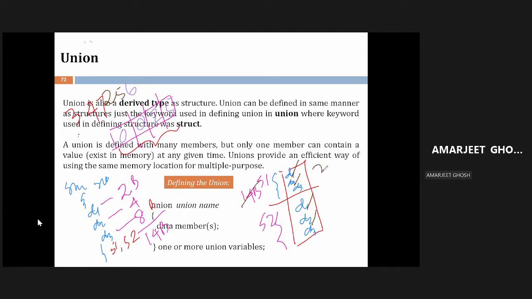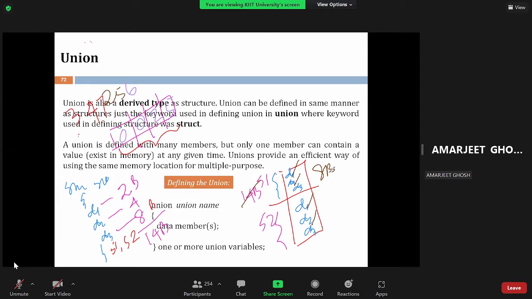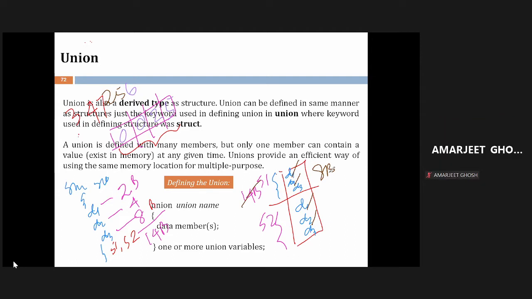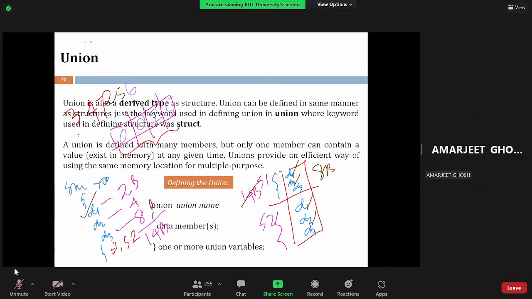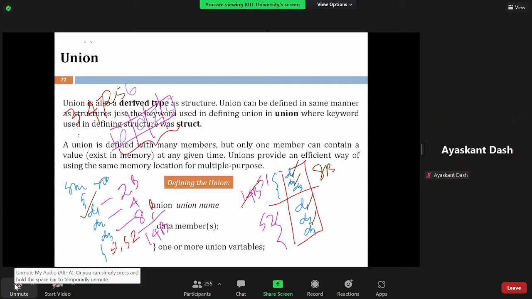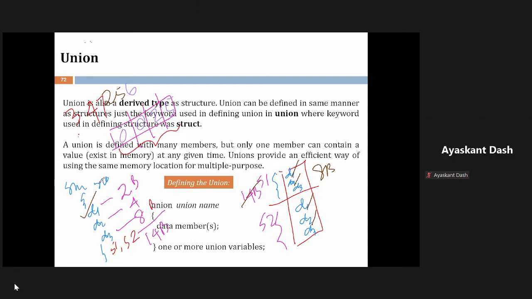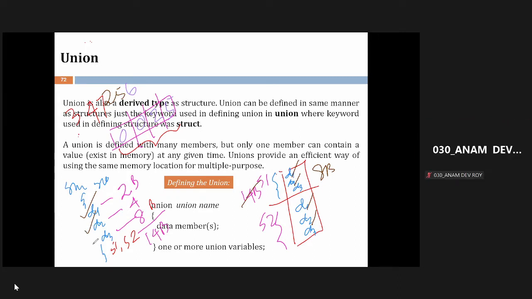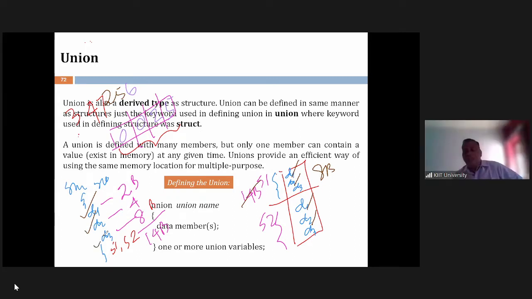We take the largest one. It should be 8 bytes. If 8 bytes of space is allocated, I can store D1, agreed or not? Yes, sir. Or, being mutually exclusive, I can store D2 also, or D3 also. Agreed or not? Yes, sir.